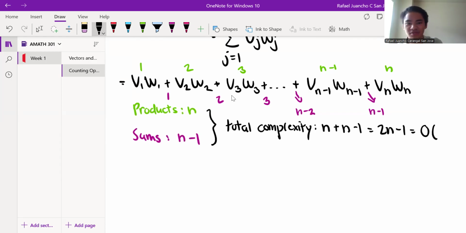So what's the most dominant thing we can see here as this number gets big? As this number gets big, we won't really care about the 2 and 1 anymore. So it's just going to be n. So it's actually O of n, which is linear time, which is pretty good, right? So this is our complexity, O of n.